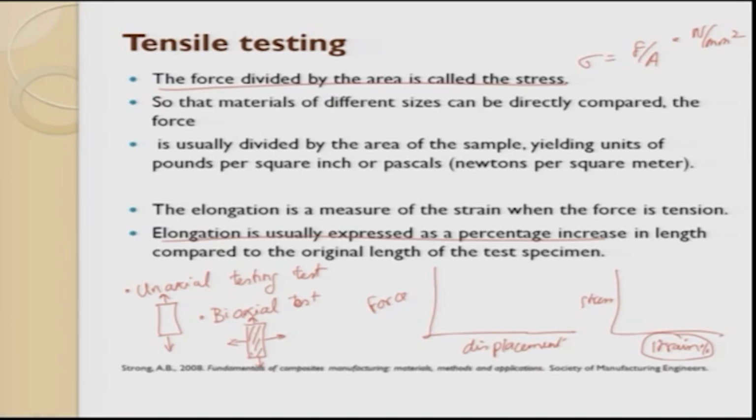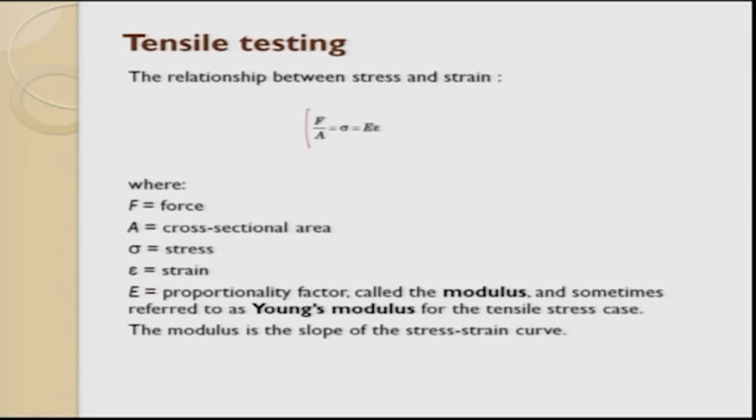New machines are getting developed. People are talking about this because they realize that biaxial testing results are more reliable than tensile testing.